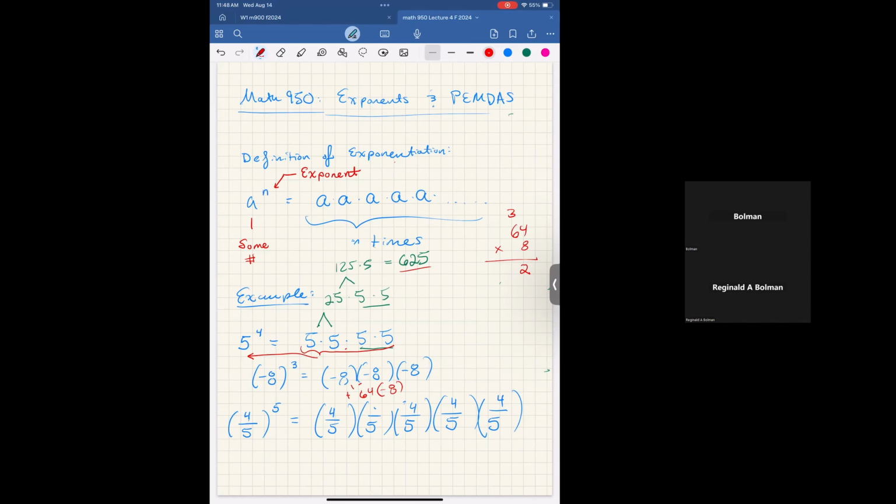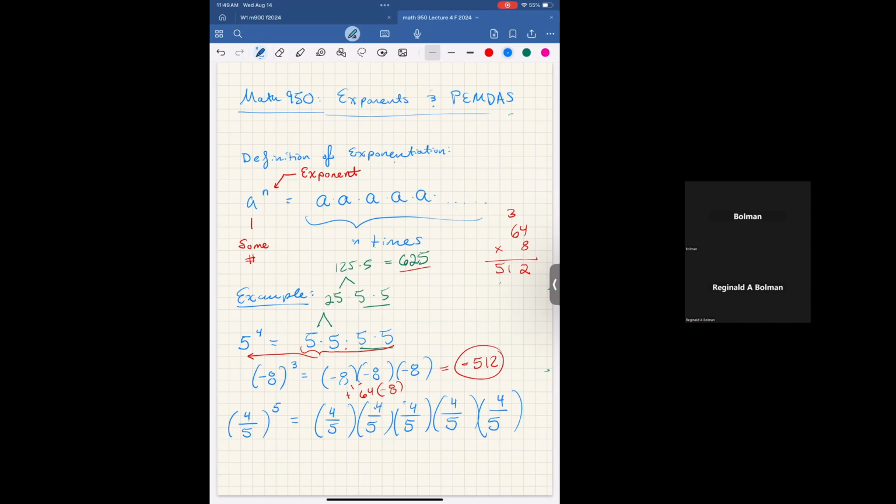So 48 plus 3 should give us 51. So our answer should be not 512, though, because you've got a positive and a negative, but negative 512, right? So just go ahead and check this, and I did indeed do my multiplication correctly. So you will, in fact, have negative 512 as your answer.